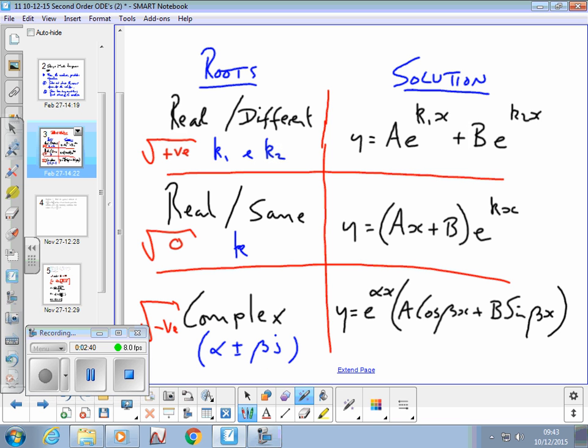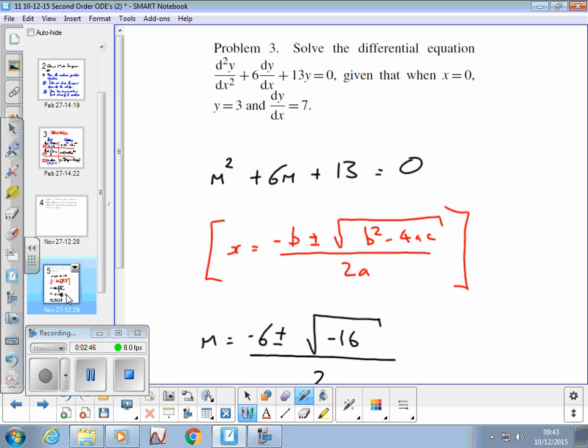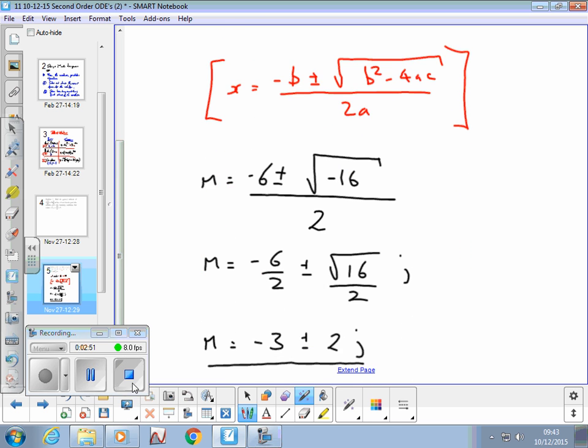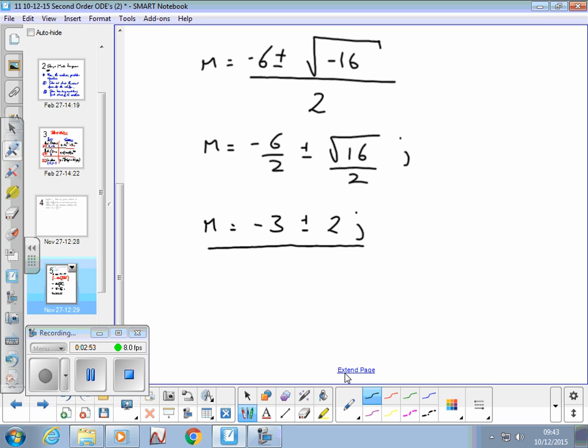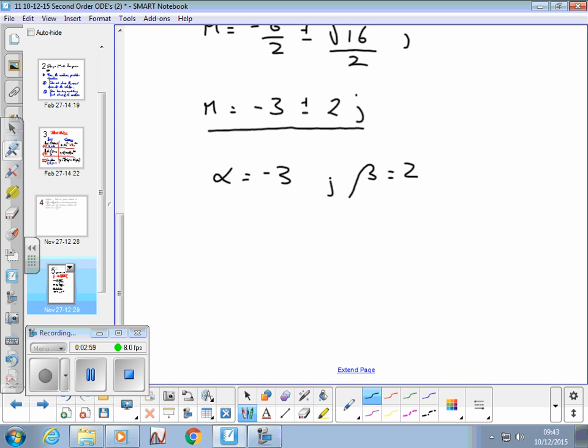So in our particular one we can now write down the solution. So y equals, alpha equals -3 and beta is 2, so we can now write our general solution.